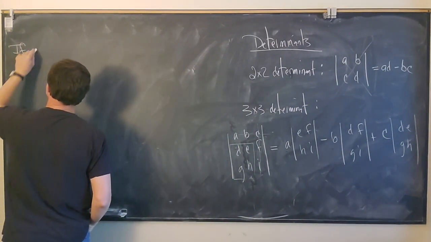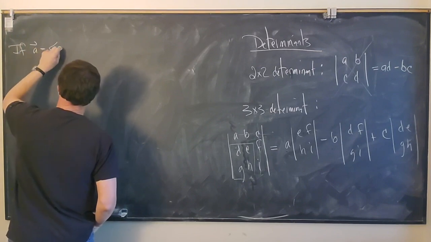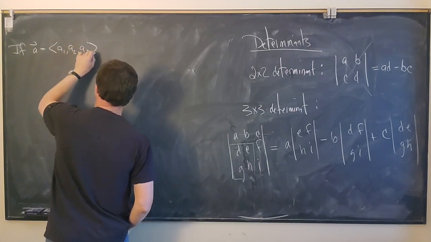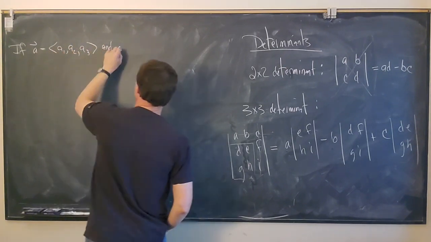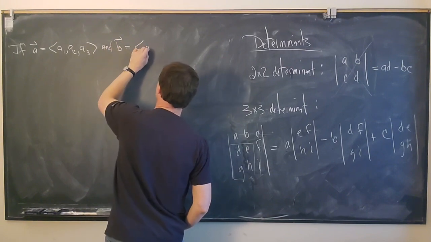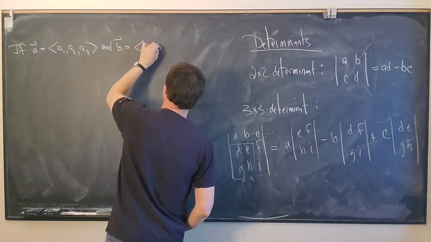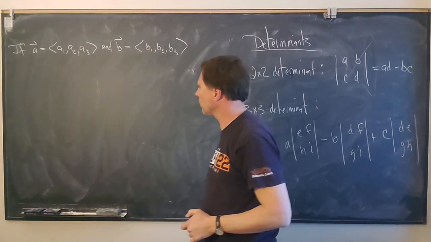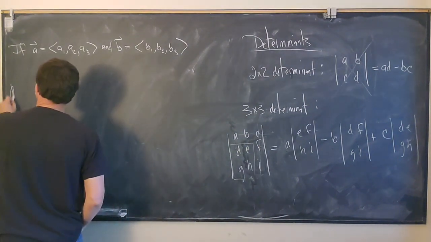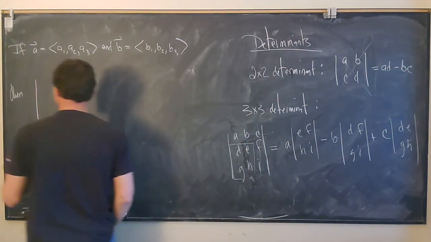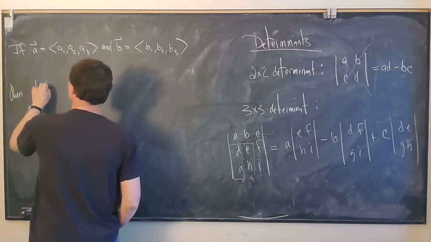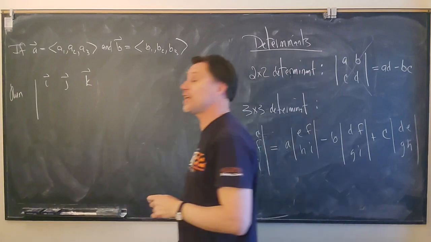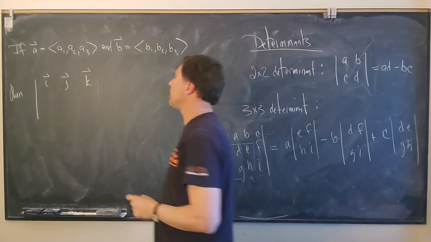So if A is the vector A1, A2, A3, and B is the vector B1, B2, B3, then what I would like to do is create a 3 by 3 matrix where in the top entry I put the vectors I, J, and K. So that's our top row.